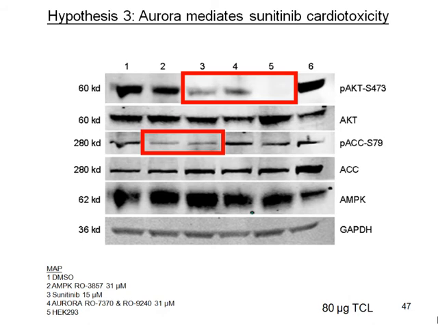In the Sutent AMBIT profile, it was showing that Sutent was not directly inhibiting AKT, so we were hoping that it was through the downstream signaling. So here you can see that lane 1 is the vehicle, then the AMPK inhibitor, and the third lane is Sutent, and the next 2 lanes are the 2 Aurora inhibitors, and then a positive control is just the HEK293 cells. And you can see clearly that there is an inhibition of phospho-AKT, so then I moved on.